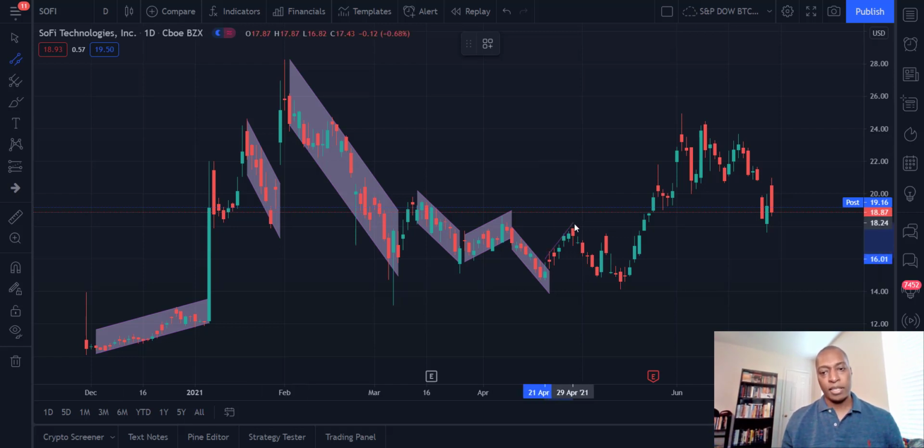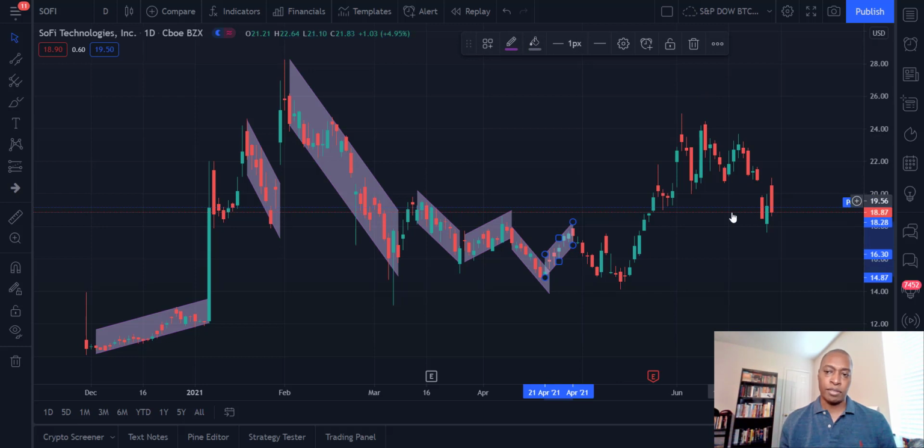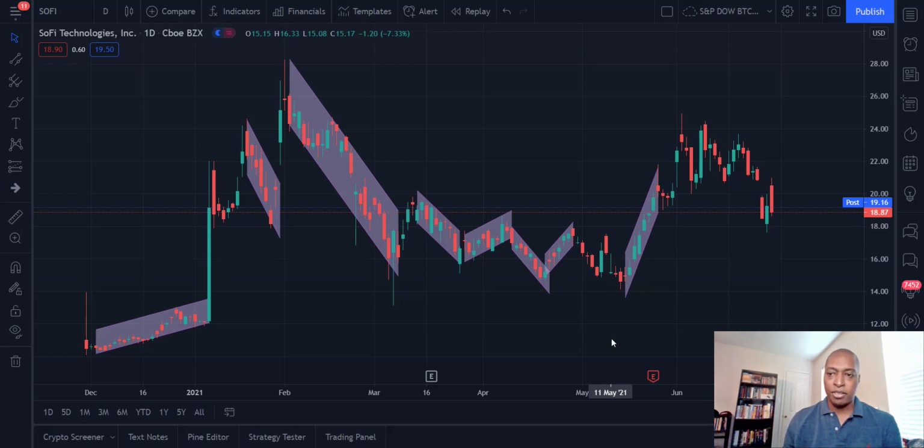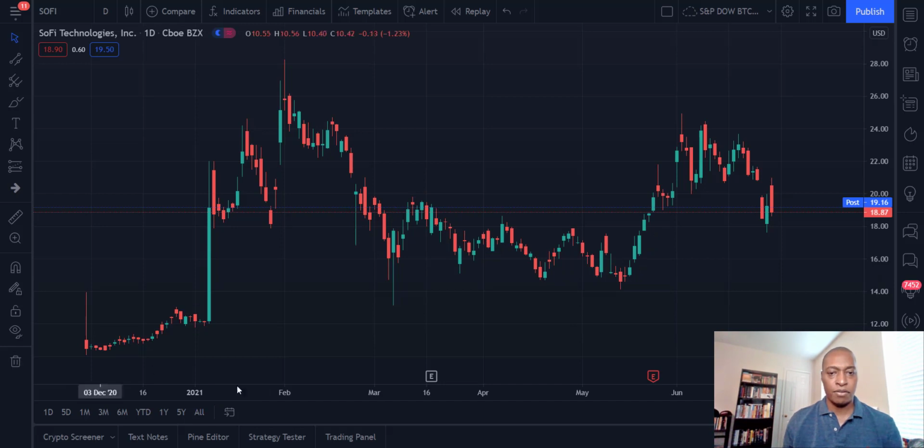Some of the trading strategies that you can use when you've got this sort of movement, we'll look at it towards the end of this, but you end up expecting price to continue in a direction, and then the moment it doesn't, you go ahead and make your trade. So maybe that's getting long or short or whatever. But I mean, so much here. Let's get rid of that because that's kind of confusing.